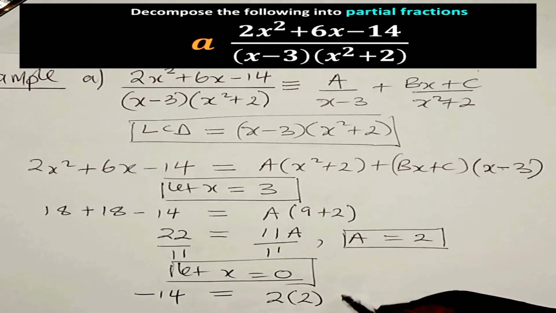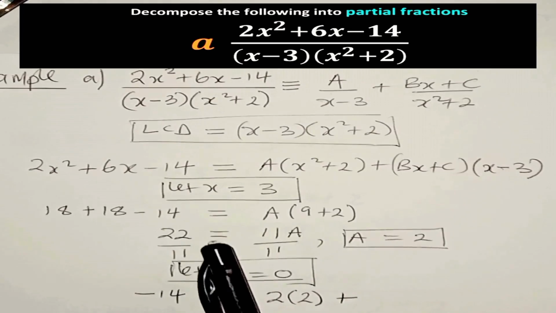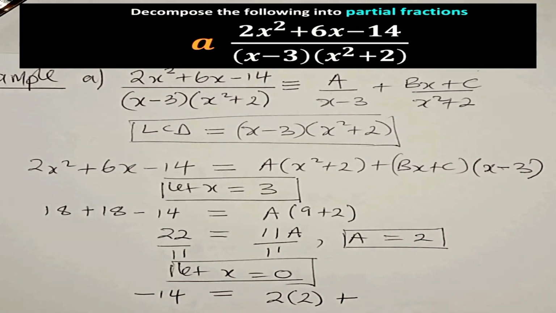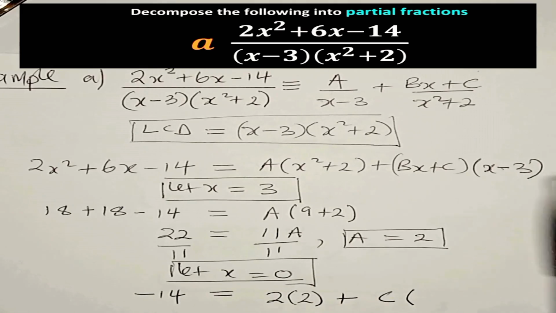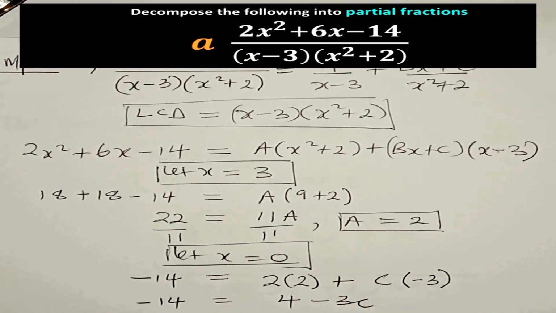And then plus Bx. x is 0, so B vanishes, and we have C, that's what we're looking for, multiplied by 0 minus 3, you get minus 3. Now we have minus 14 is equal to 4 minus 3C.